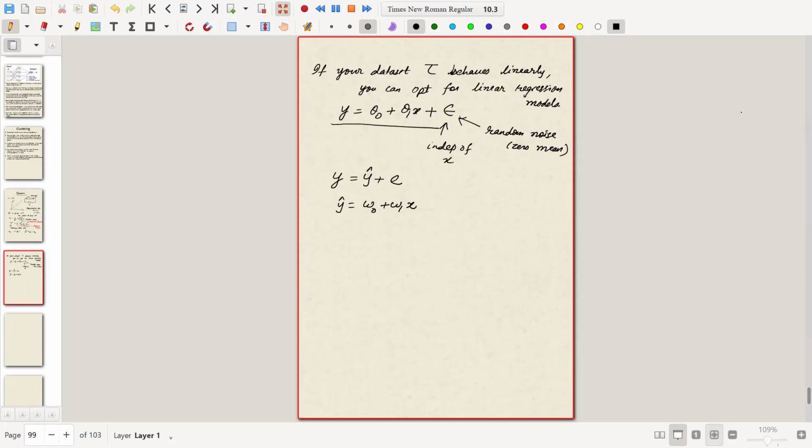In the real world, this is a natural model. Your model needs to find w naught and w1. Noises you can't evaluate.